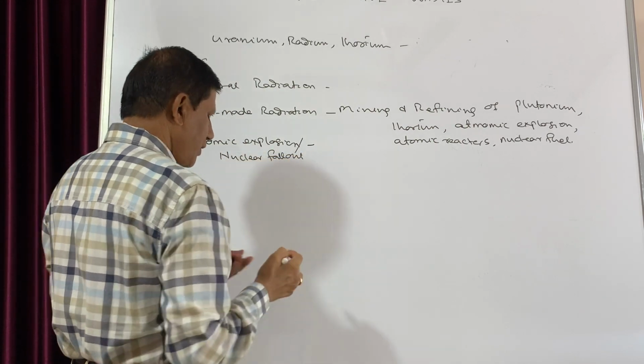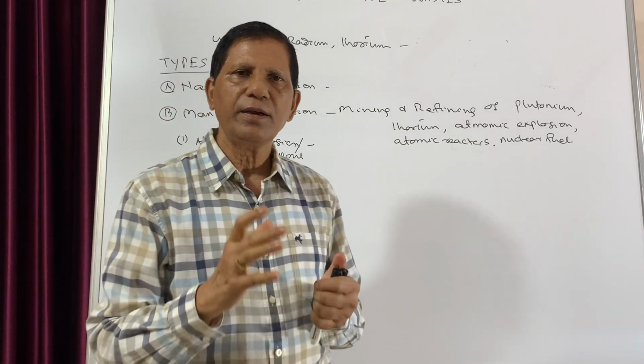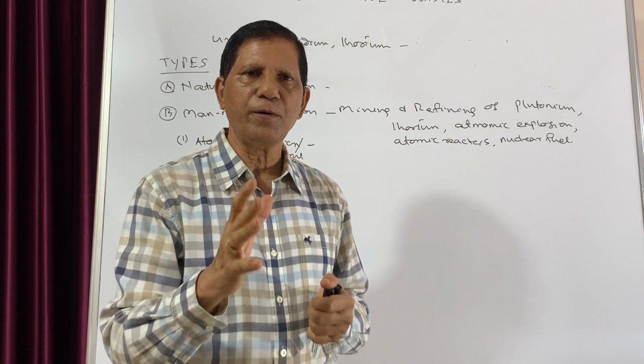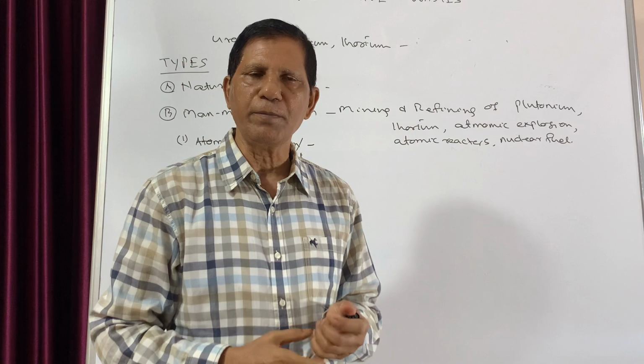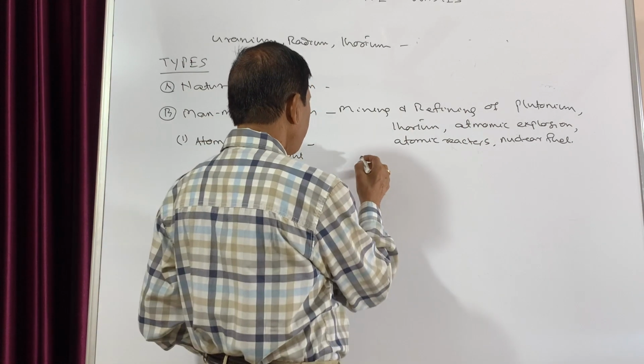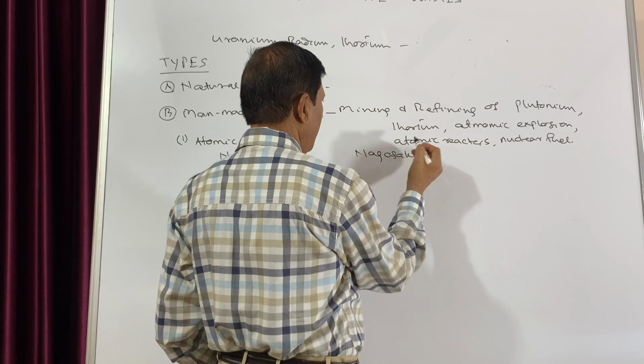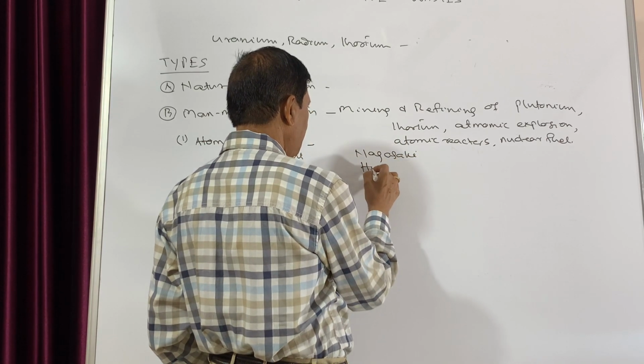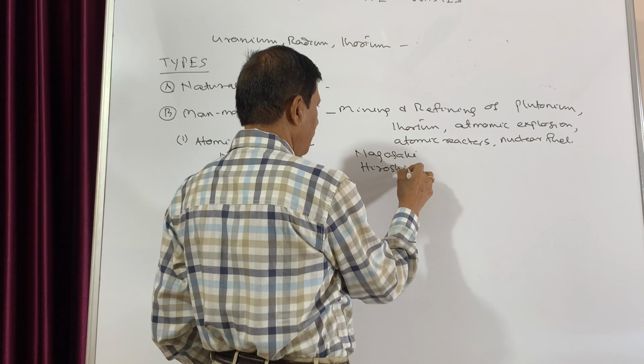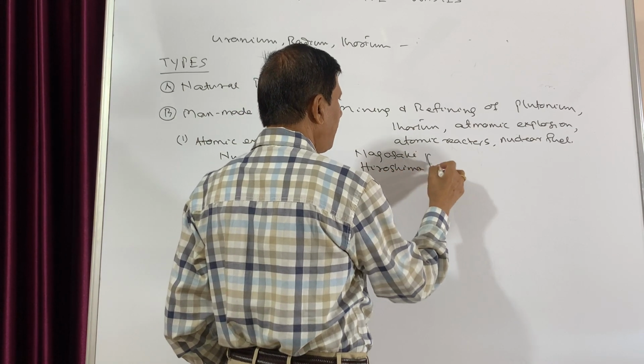You must have heard the names of Nagasaki and Hiroshima of Japan. The first atomic bomb was in Nagasaki, and the second one in Hiroshima. Both of them belong to Japan.